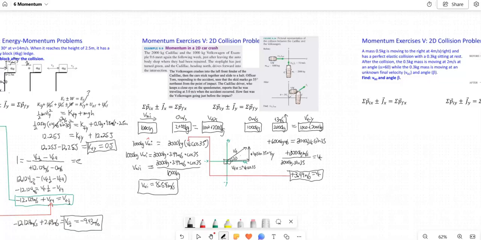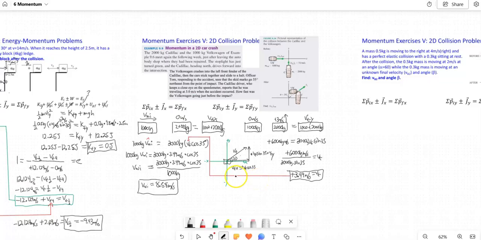Now you have one similar to this in your tutorials, so you could approach it a similar way. Yours is easier though. I think I give you the initial velocities of these two guys, and you have to figure out the x direction and y direction components of those, and the overall velocities and the angle. So it's kind of the reverse of this.